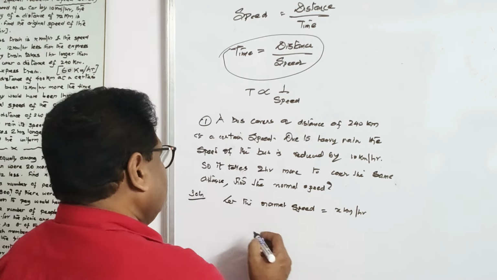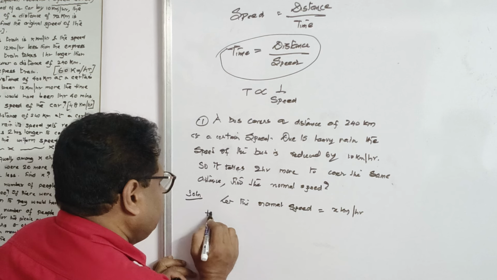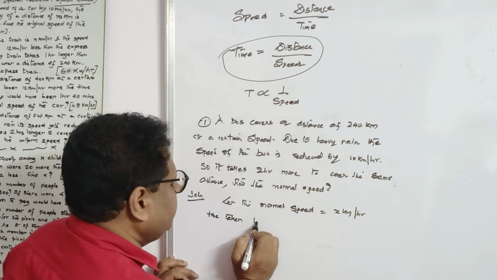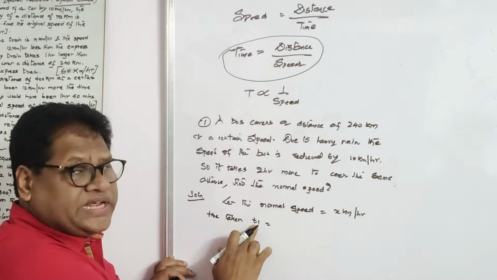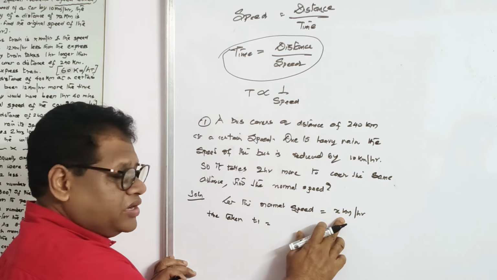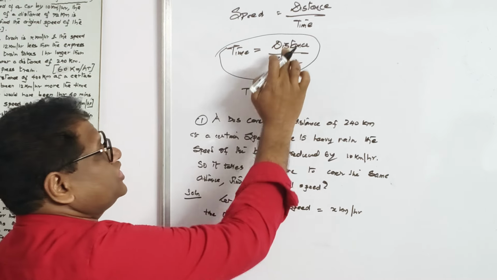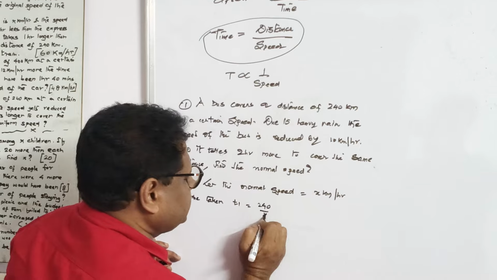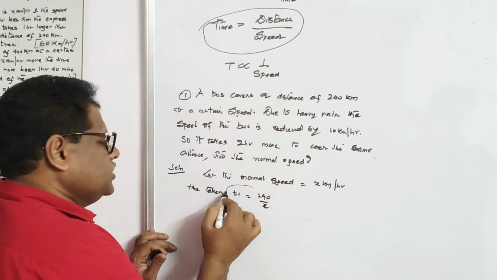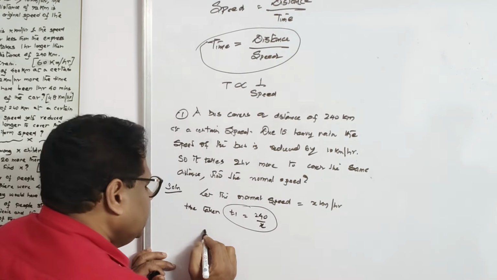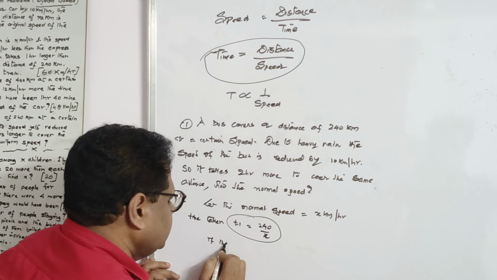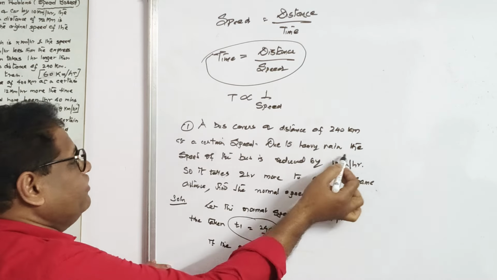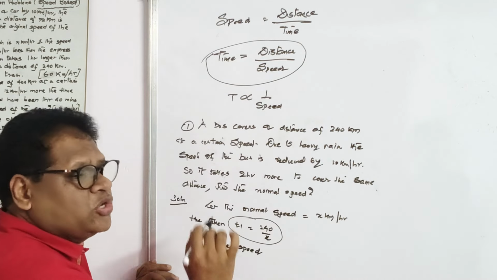Now the time taken t1 is the original time taken when the speed was x kilometers per hour. Applying the formula time equals distance by speed, the time t1 comes to 240 by x. So this is one equation. Now the second part of the statement says due to heavy rain the speed of the bus is reduced by 10 km per hour.